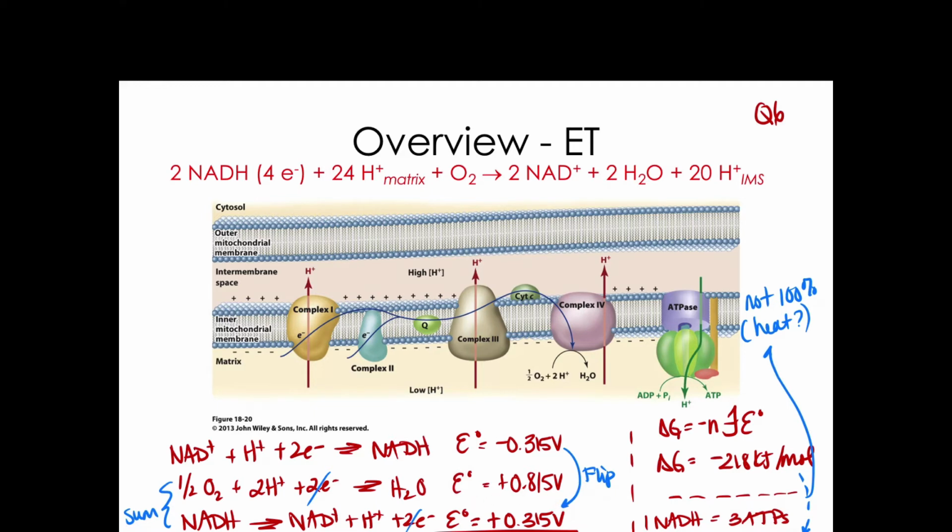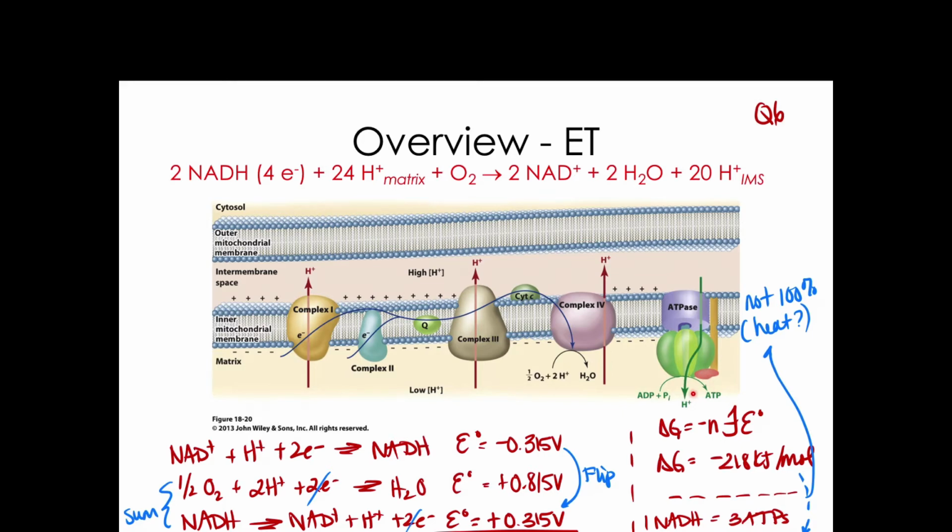And when we sum these up, we get the net overall of what happens from a redox standpoint, from the starting point of electrons being the oxidation of NADH to the ending point of electrons being the reduction of molecular oxygen. And we can see that we have a very favorable, meaning positive, standard reduction potential. So remember, delta G's are favorable if they're negative. Delta E's are favorable if they're positive.